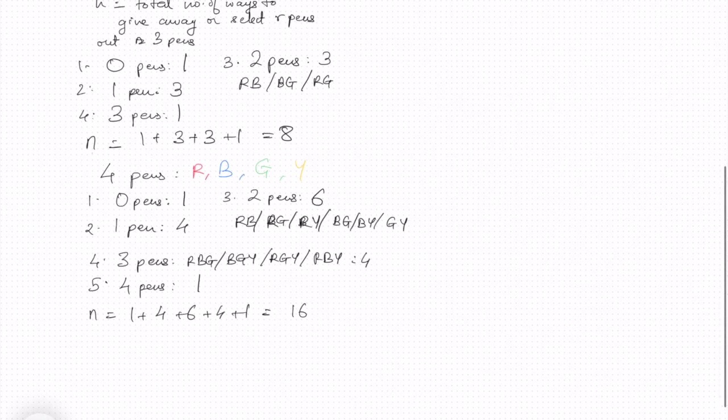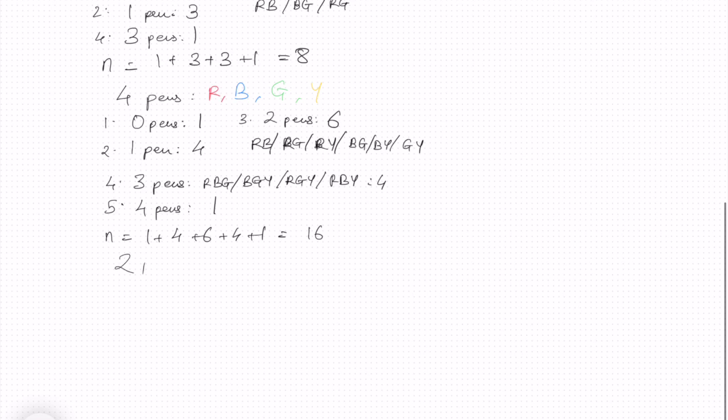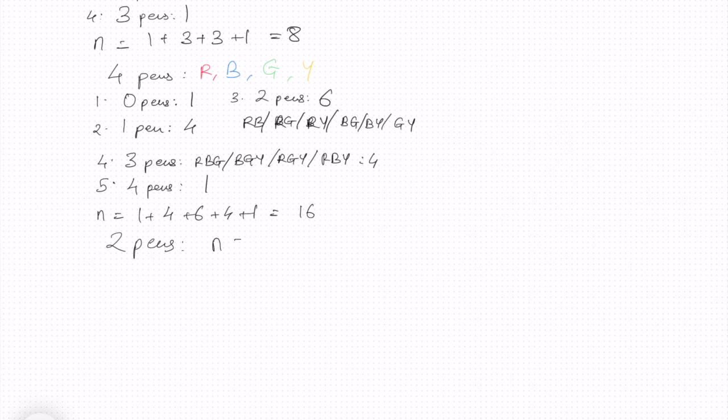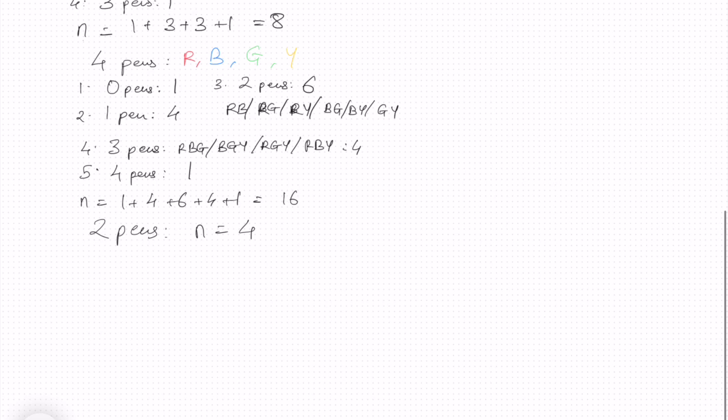So instead, perhaps we can look at 2 pens. For 2 pens, there's 3 possibilities: 0 pen, 1 pen, or 2 pens. Now, I won't write each individual possibility, you can count it for yourself. But you will find that for 2 pens, the total number of ways to give away these 2 pens is 4. Right? I either give no pen or both the pens or one of the pen, and there's 2 ways to do that. So 1 plus 2 plus 1, 4.